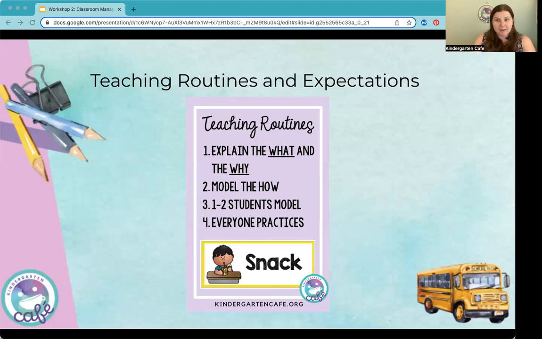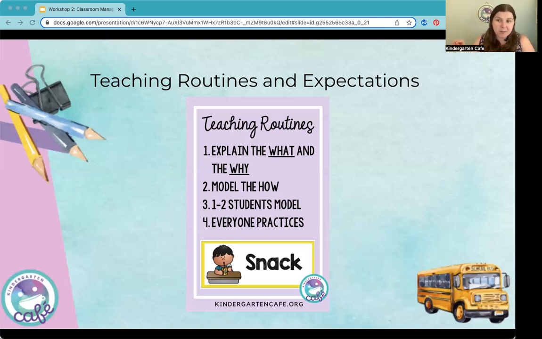Just because you taught it once does not mean they know it. Does not mean they can do it independently. You want to be reteaching procedures and routines anytime you see students not following it. When you see students following it, reinforce it.